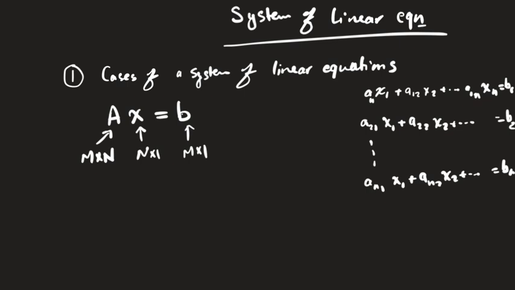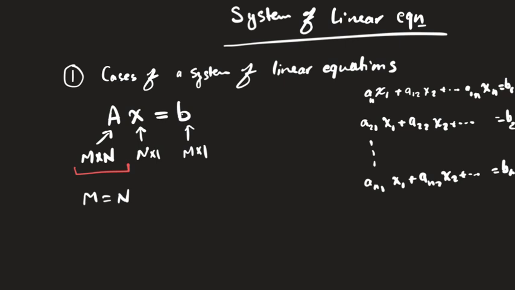Okay. So that's how the general set of linear equations is represented in the matrix case. So what are the three possibilities that you have here? They all have to do with this matrix, which means the number of equations versus the number of unknowns, right? So you either have m equals n.